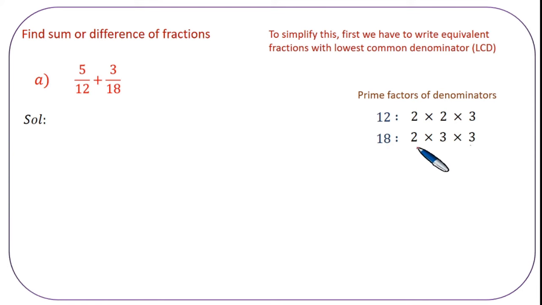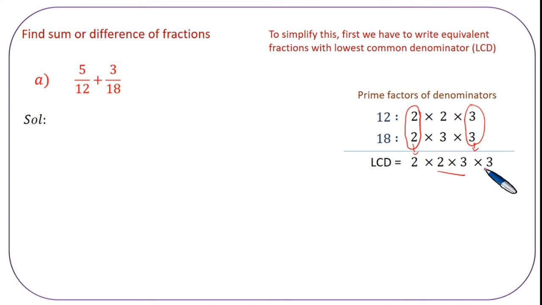Now to get the LCD of these two numbers, when the same number appears in both, you need to write it only one time. This is the way to find the LCD. Only one 2 we will write here. 3 and 3 are the same, so we will write only one 3, and then this 2 and this 2, 3. So now check here: 2, 2, 3, 3.